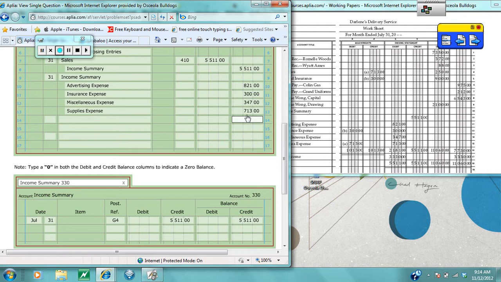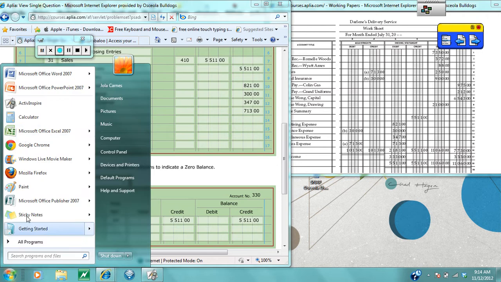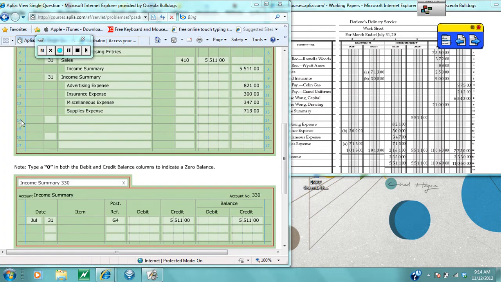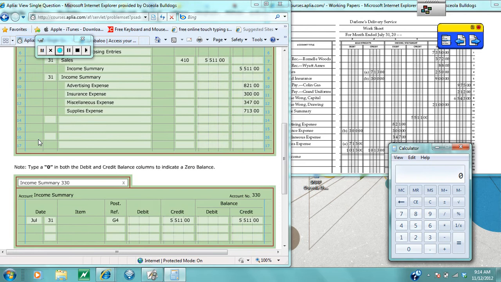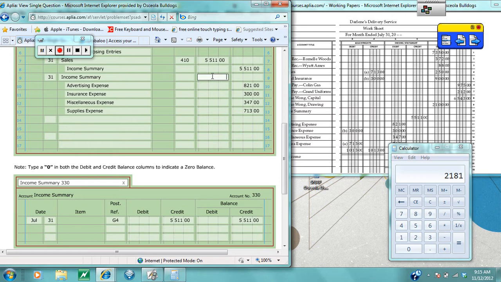Now we add these up, and you do it on your calculator. So we have to debit for $2,181.